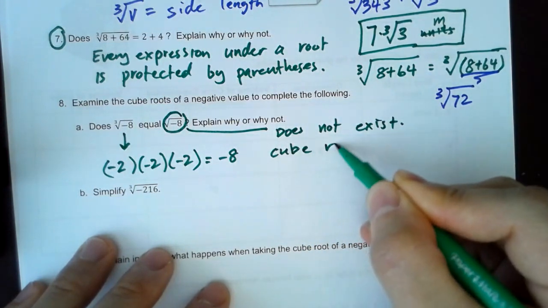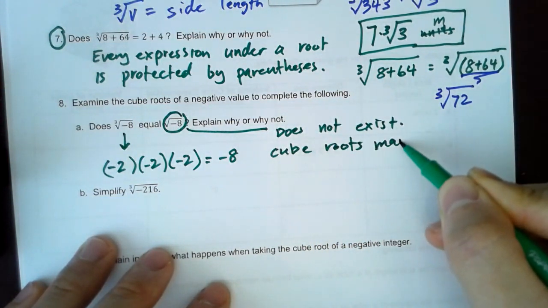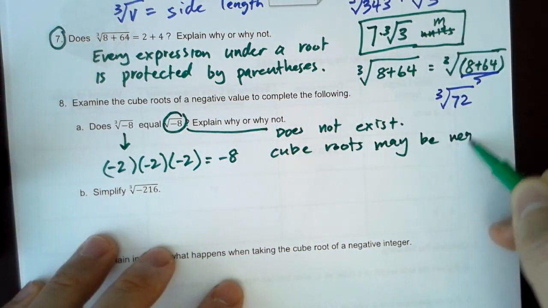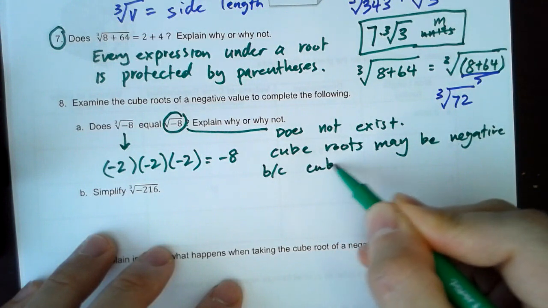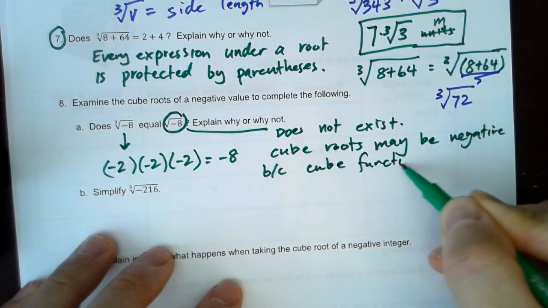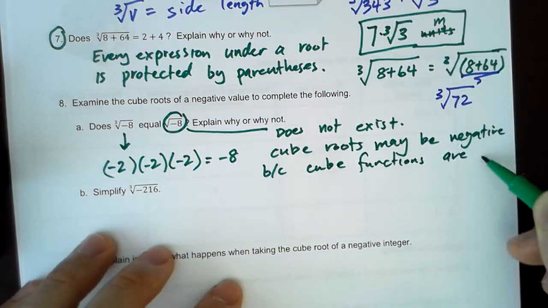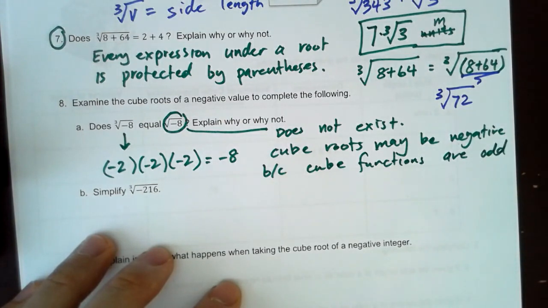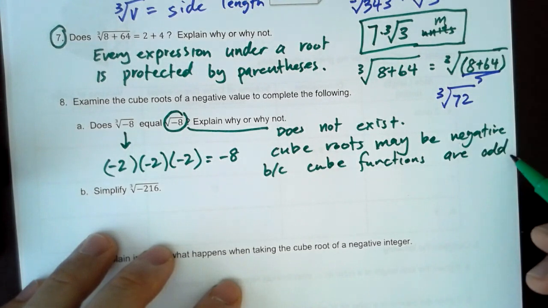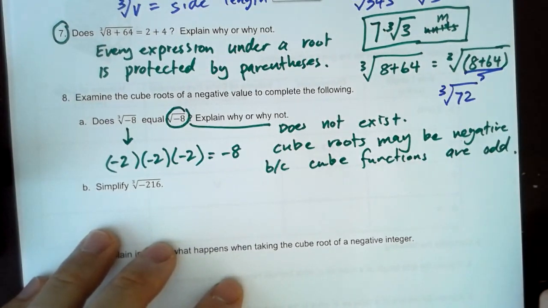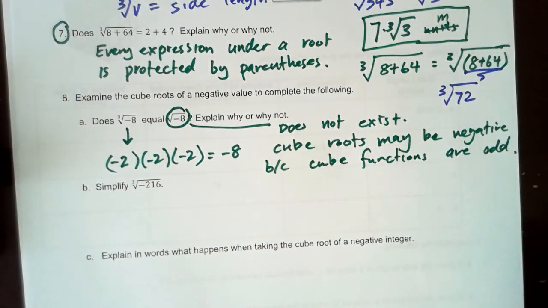Cube roots may be negative because cube functions are odd. That's it. The potential for an output to be negative does exist for cubes.